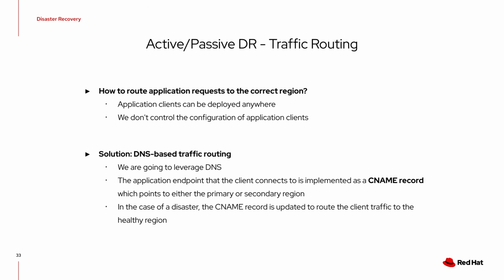And that CNAME record resolves to an IP address which points either to the primary or, in the case of a disaster, to the secondary region. And so when we want to fail over, we just need to update that DNS record. And after a while, after the DNS cache expires, the application data will automatically flow into the secondary region instead of the primary region. So without us touching the clients, we are able to reroute all the client traffic.